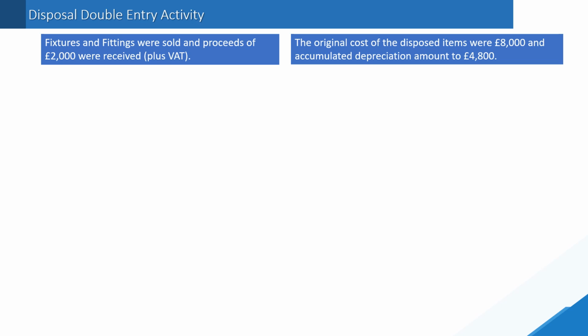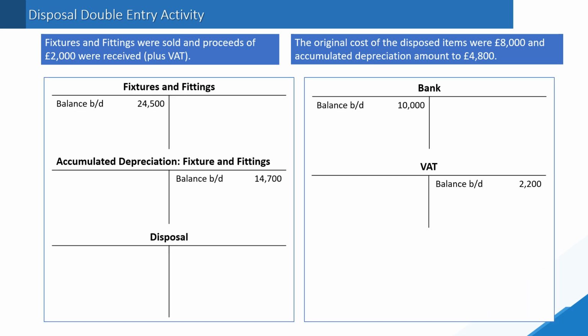You don't get very far in accountancy without coming across a ledger account, and that's exactly what we're going to do now. We've reminded ourselves of the question, of the disposal proceeds, and of the original cost of the item and the accumulated depreciation on those fixtures and fittings. We're given respective ledger accounts with opening balances.